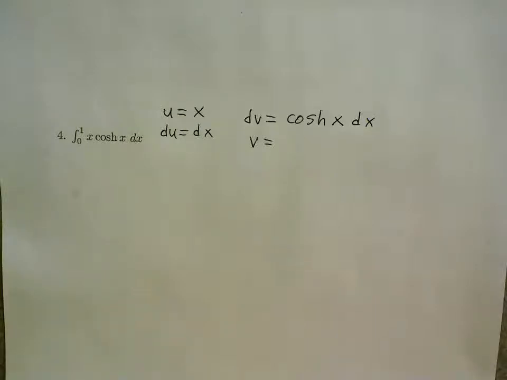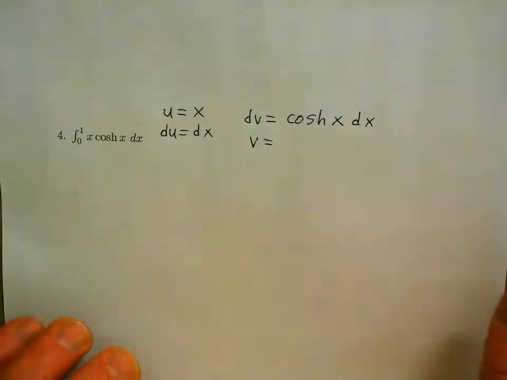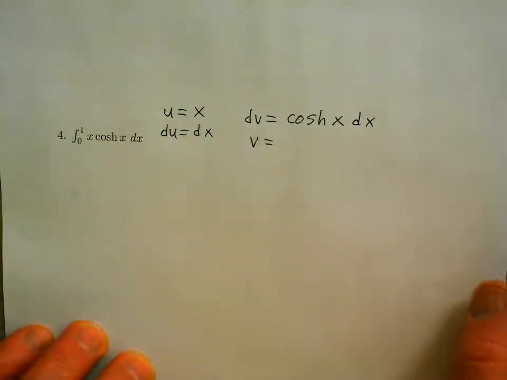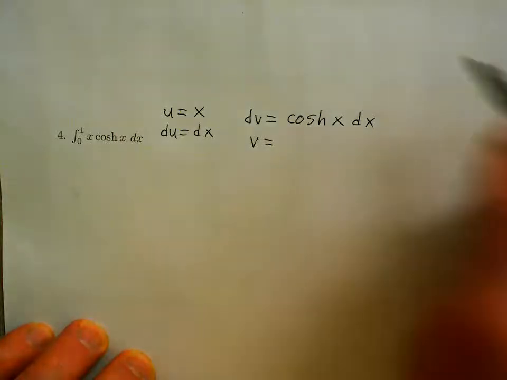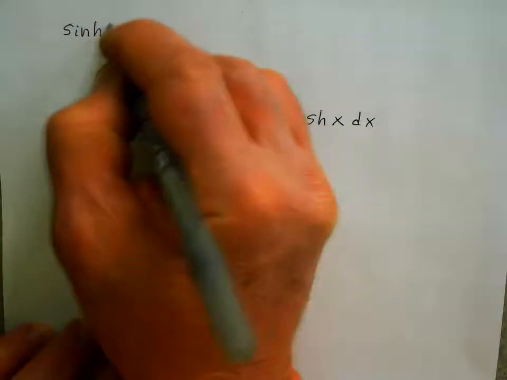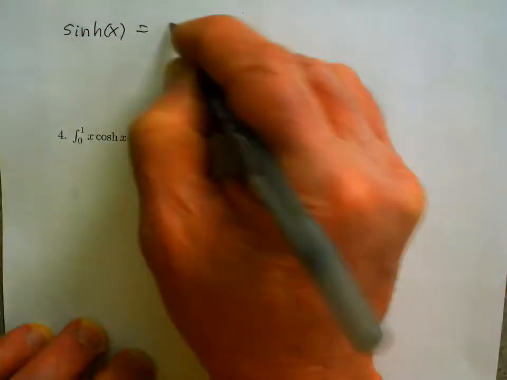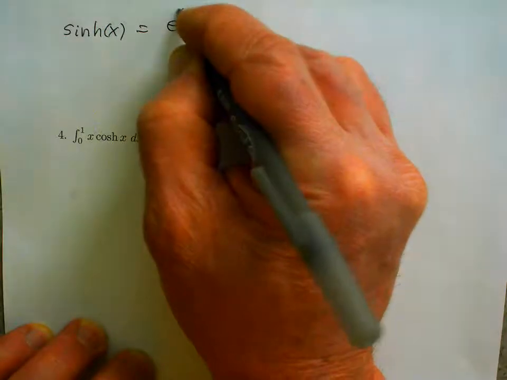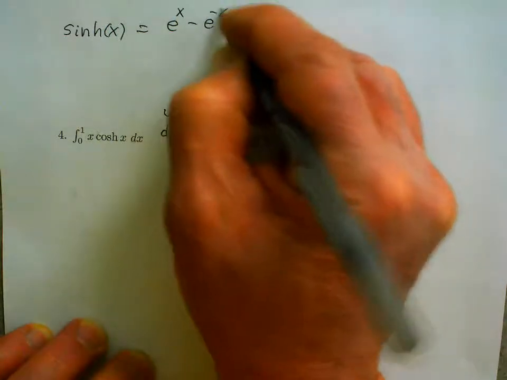Have you encountered hyperbolic cosine of x and hyperbolic sine of x? It probably seems more mysterious than it really is. Hyperbolic sine of x is just e to the x minus e to the negative x divided by 2.